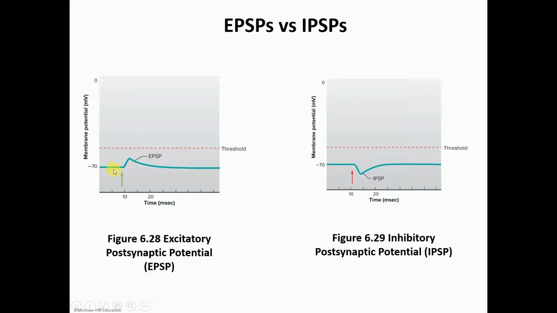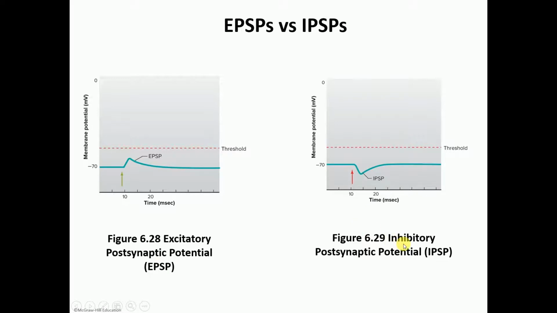So the -70 is going to change a little bit. Again, if you remain underneath the threshold, you're a graded potential. If enough sodium channels are open where we reach that -55, we'll open up the voltage-gated sodium channels and a full action potential occurs. So again, your EPSPs are graded potentials with the ability to become an action potential.